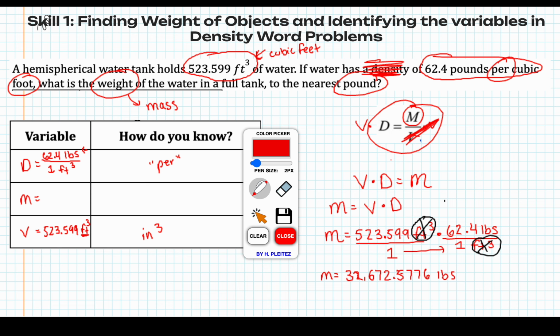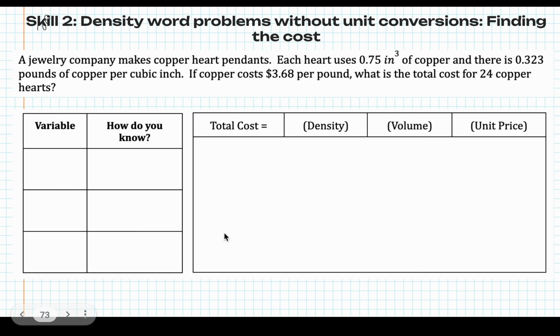That gives you 1, and you don't need to divide by that. So, we have the exact unit we want, which is great, but we want to double check we're rounding it to the nearest pound, so our mass is just going to be 32,673 pounds.